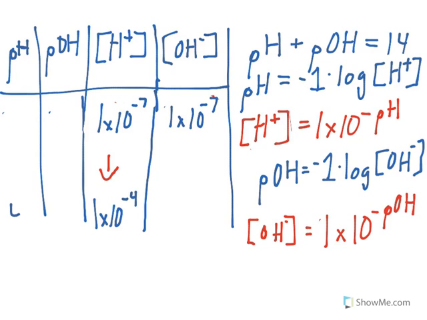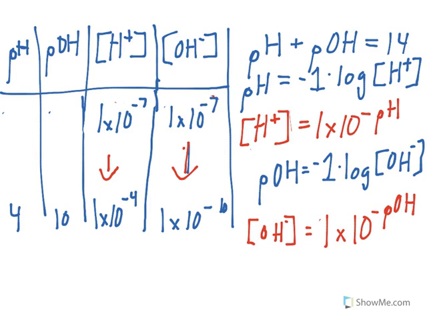Well, that's going to change my pH to 4. That's going to change my pOH to 10. And that's going to change my OH minus concentration to 1 times 10 to the negative 10th. So notice what happened here, okay? By increasing my H plus ion concentration, that simultaneously decreased my OH minus concentration, okay?